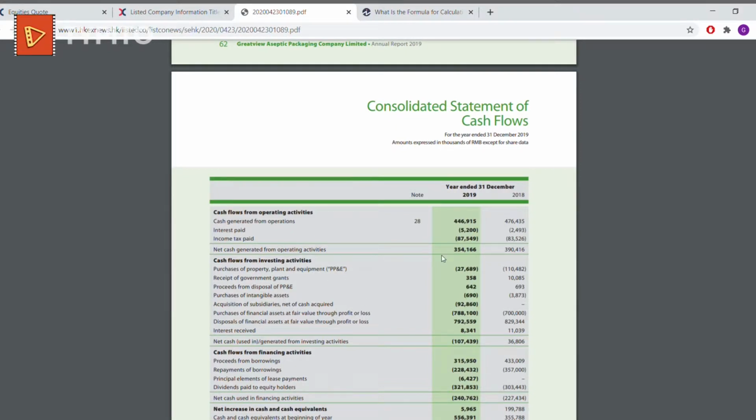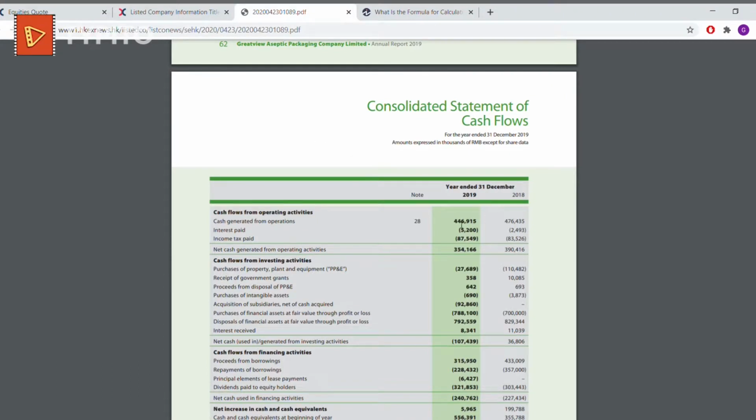In this case, we will take 354 million minus 27 million and 690k. So that will give you about 330 million ish.